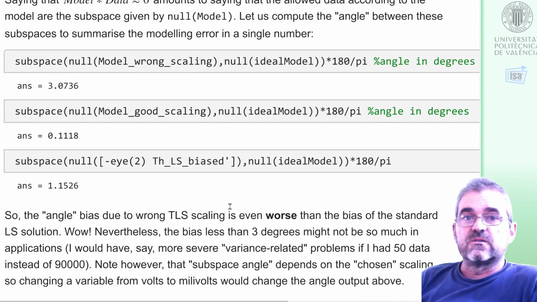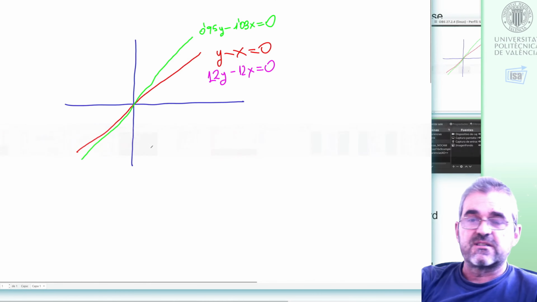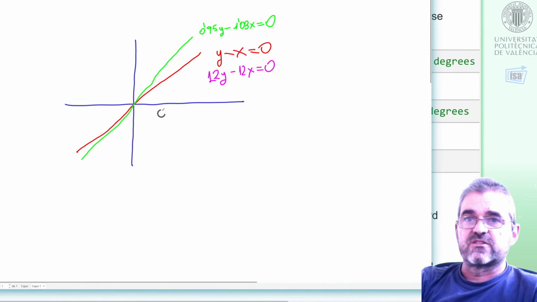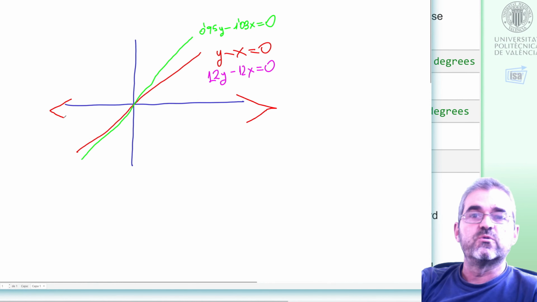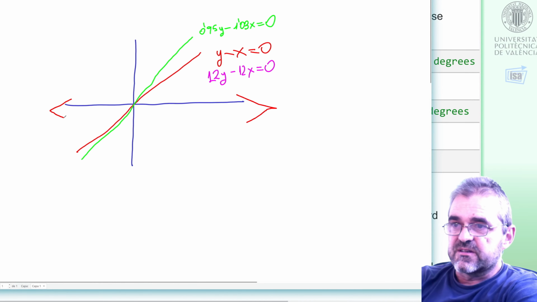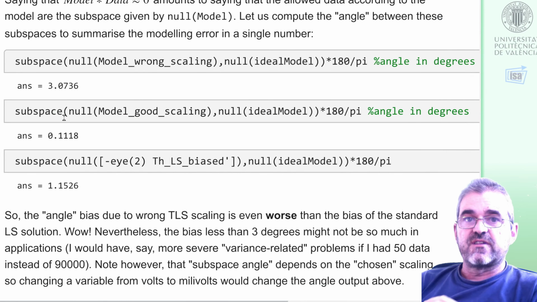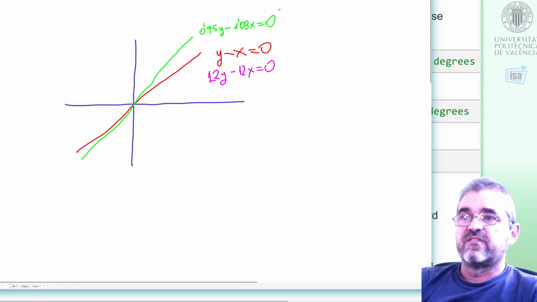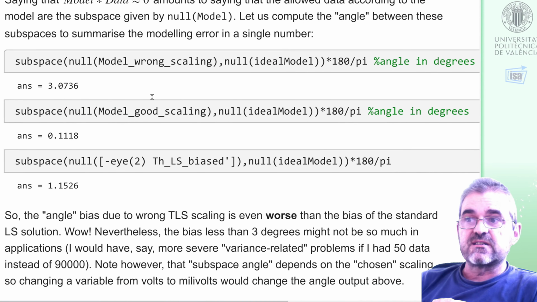In fact, this angle is also scaling dependent. So maybe some care is needed because, okay, if I expanded and multiplied by 2 the x-axis, then those angles would change. So, okay, this is just scratching the surface of the idea on how to summarize in one number the difference between several models given in implicit equations, null space. At the end, a wrong TLS scaling may give worse results than the plain least squares.